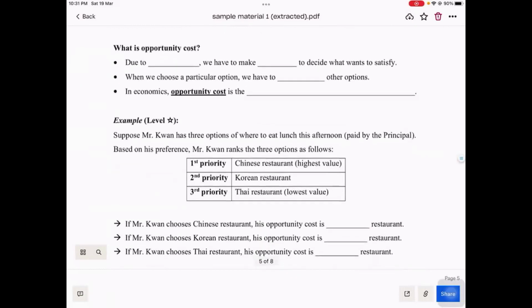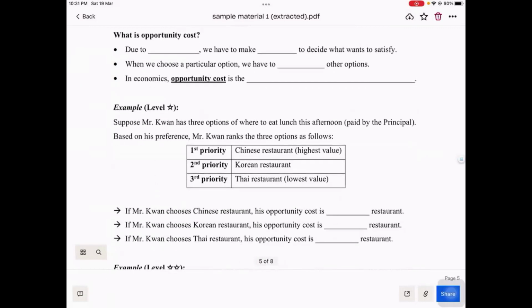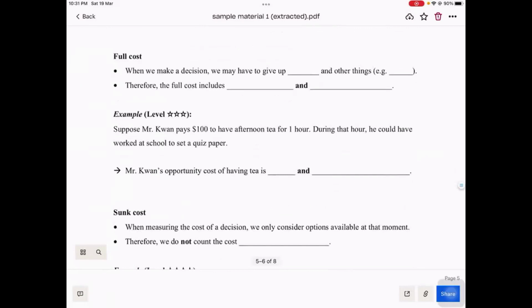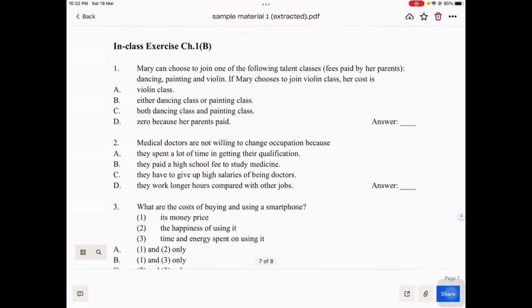For example, where to eat lunch this afternoon. This is a very practical question for our students every day, and the restaurants are real. The restaurants actually exist around my school, within a 5-minute walk, and they will understand this kind of exercise as well.